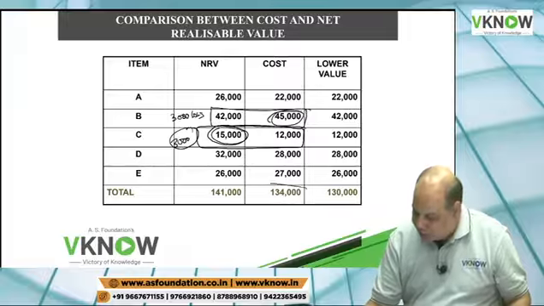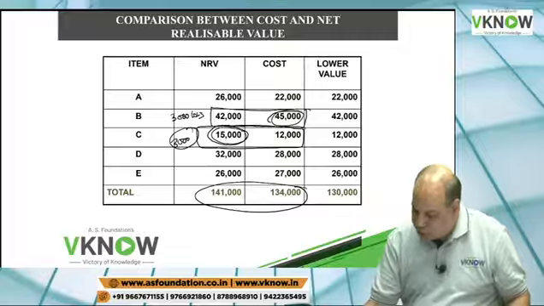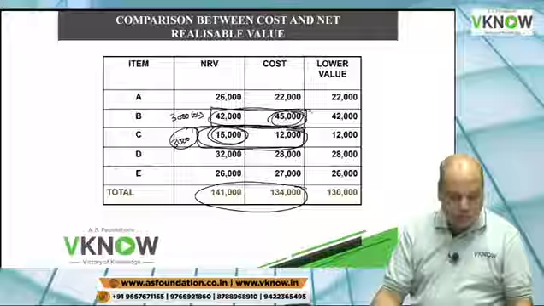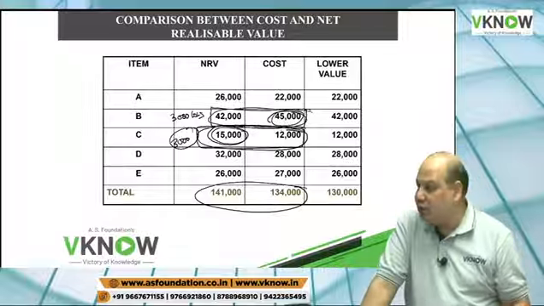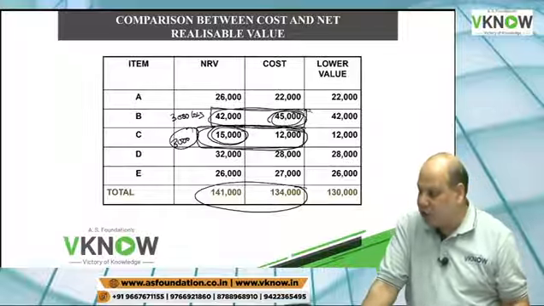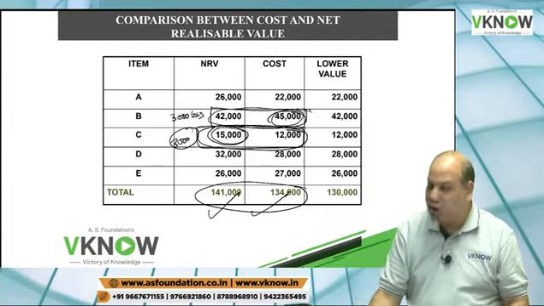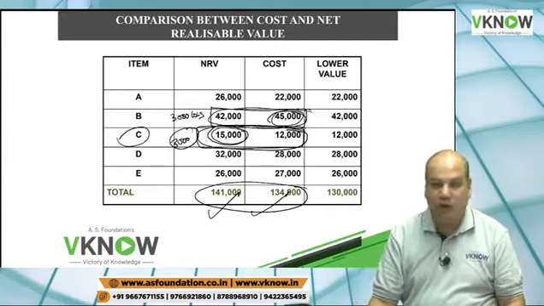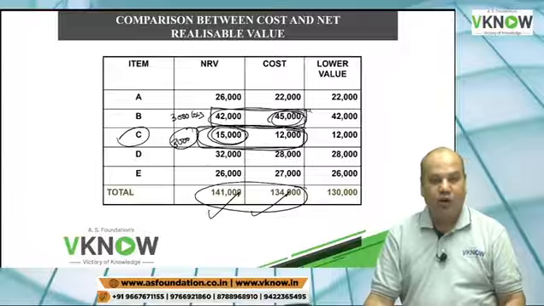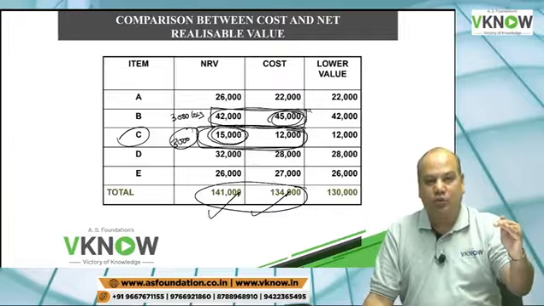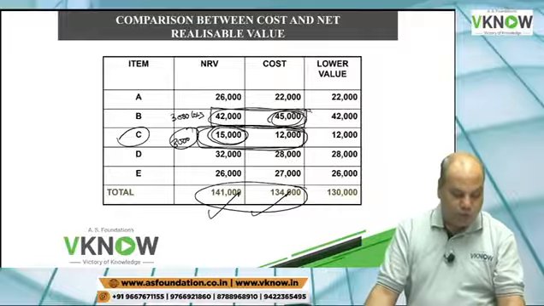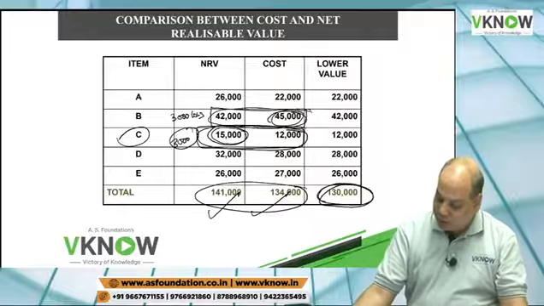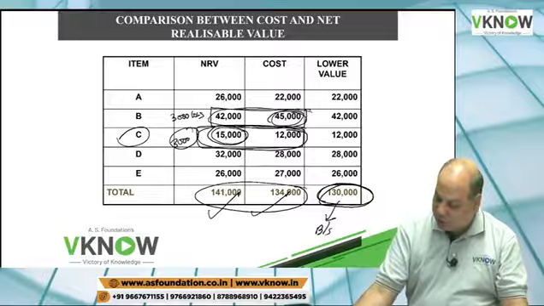So if I take their total, the loss is compensated by the gain. Indirectly you are recognizing some gain on item C, and you will not get the lowest value. So to be more prudent, you should take item by item.